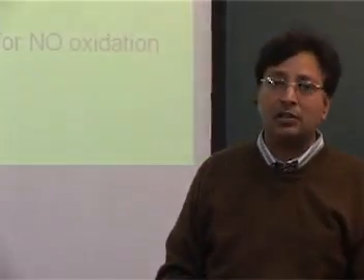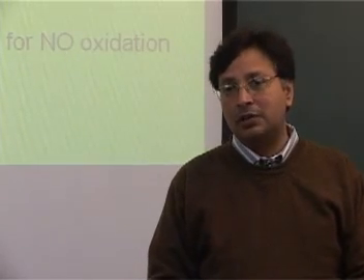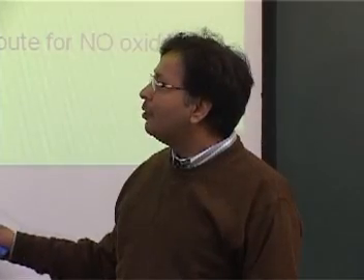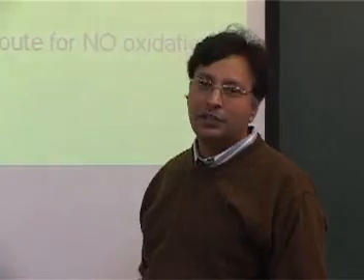Don't forget that the OH radical is so critical. And you should not forget where the OH radical came from. And the funny part is that OH is regenerated, so I have it available for producing more HO2 and more conversion.